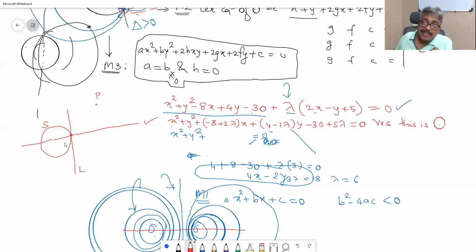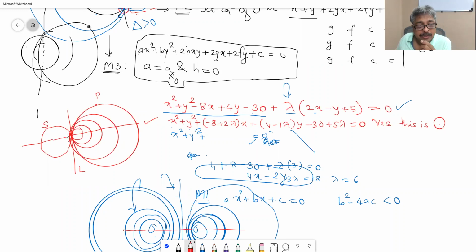So in this case, the family that you will get will look like this. All circles will pass through that point, and all circles will be tangent to line L, this side as well as this side. Do you understand what I am trying to say?